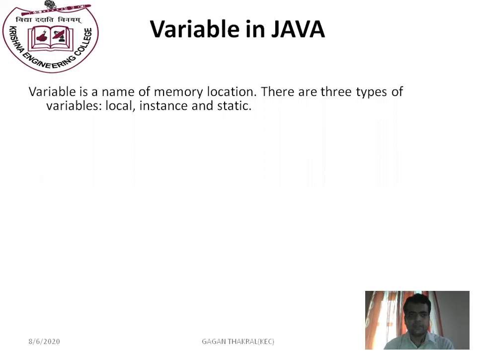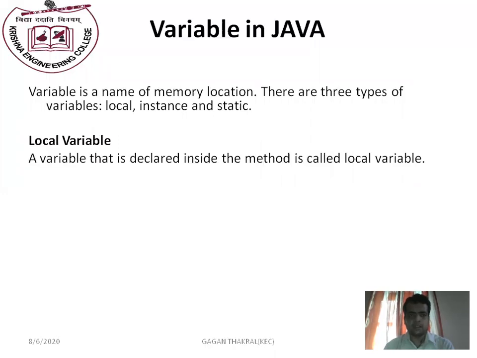Variables. A variable is a name of memory location. There are three types of variables in Java: local variable, instance variable, and static variable. Local variables are those variables that are declared inside the method. If we define a variable inside the function, then it is known as a local variable.